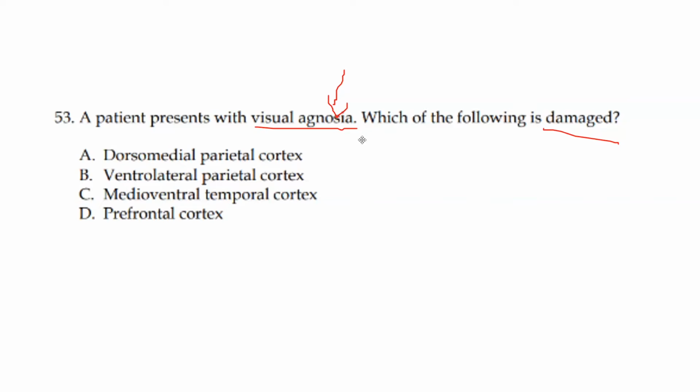Okay, so quite briefly, visual agnosia means that you're having a difficulty processing what you're seeing, right? Which is going to be handled by the temporal lobe. And so it's going to be the medioventral temporal cortex. And so the answer is C in this case.